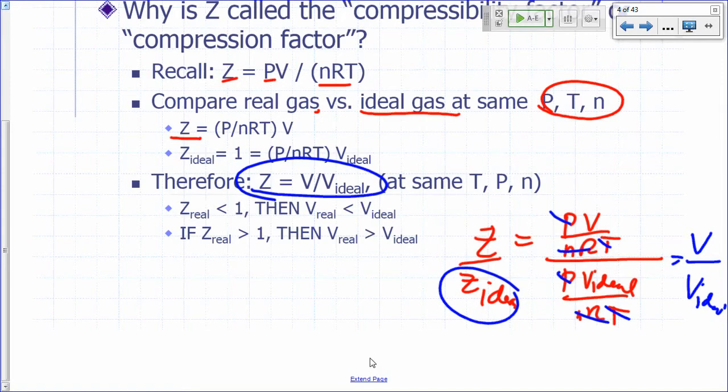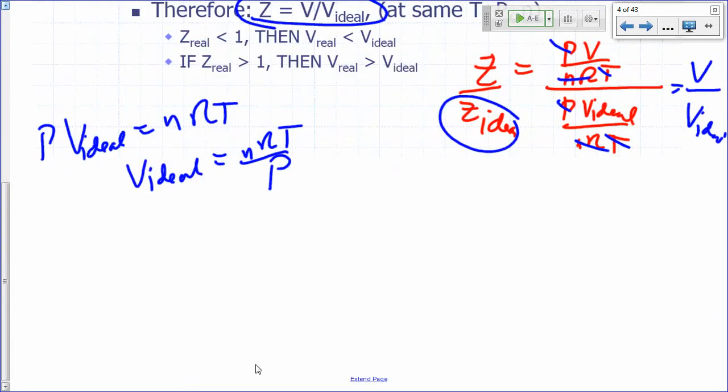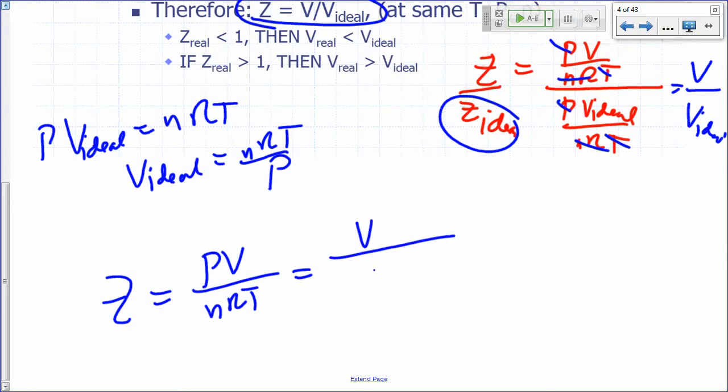Here's another way of looking at it. Since PV ideal equals nRT, the ideal volume is equal to nRT over P, right? So you can say then that Z, which is PV over nRT, you can write as volume divided by nRT over P. All I did was divide both numerator and denominator by pressure.